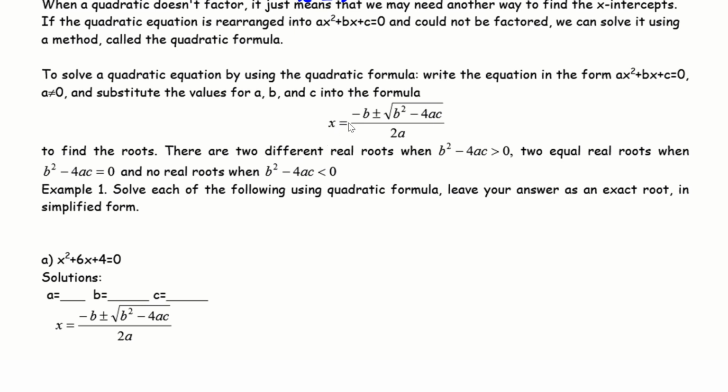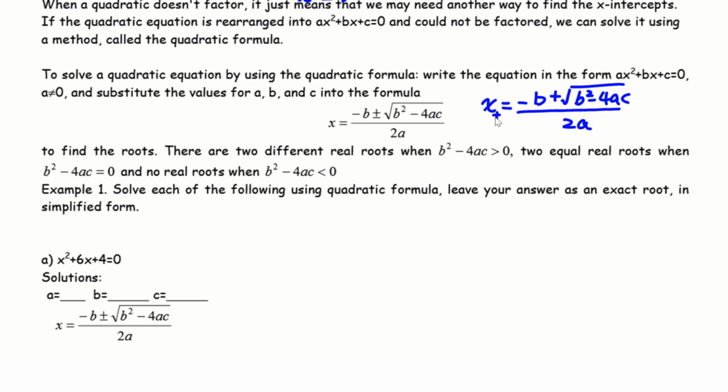So this is a quadratic formula, negative b plus minus square root b squared minus 4ac all over 2a. The plus minus sign just represents you have two equations, but we want to save space, so you don't need to write it separate. So this is one with plus sign.